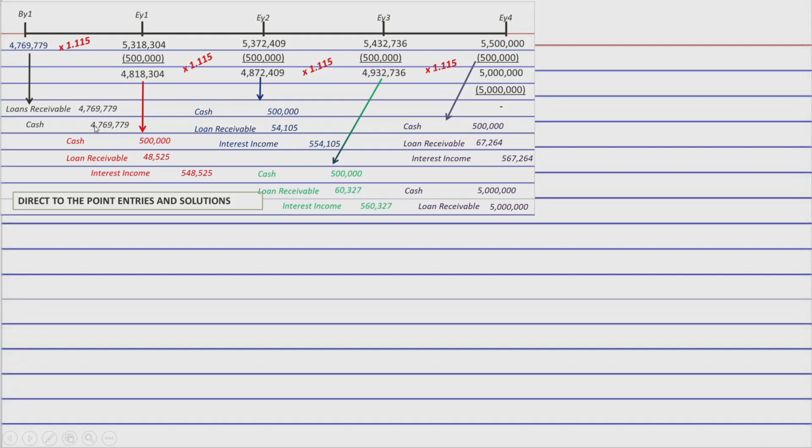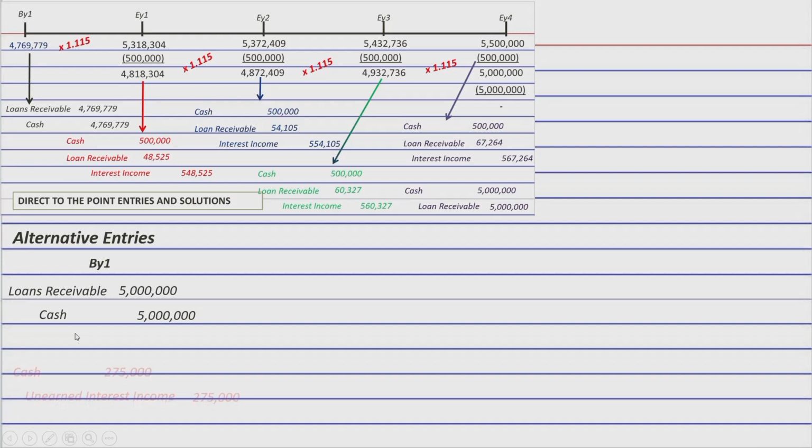In some books, their entries in the beginning period are not like this one. Their first entry is debit loans receivable and then credit cash for the whole principal amount. In this problem that we are solving for, that's 5 million. Now, they are going to make a separate entry for the origination cost received from the borrower.